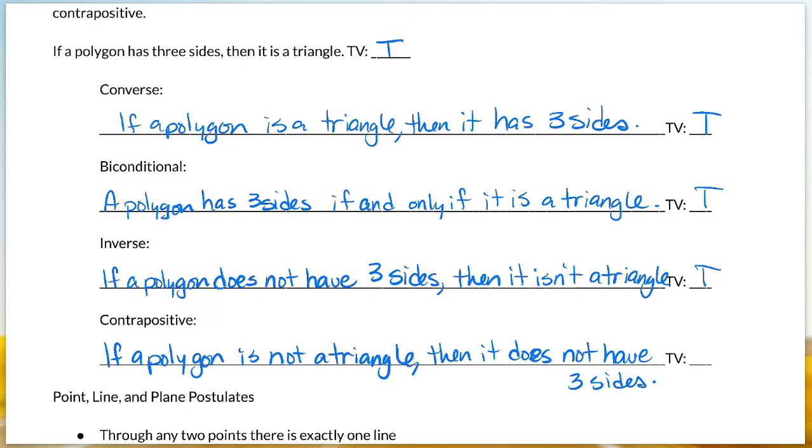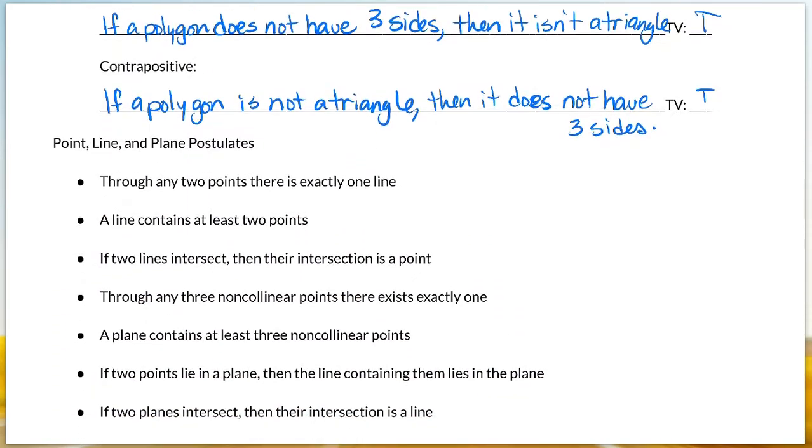And this is also true. All right, so we practiced them all. We're going to be looking at a couple of other things.